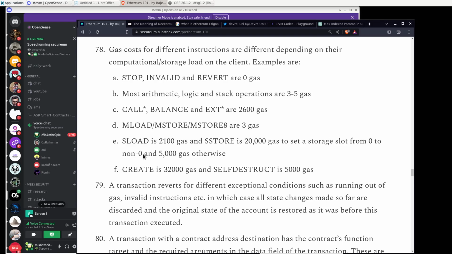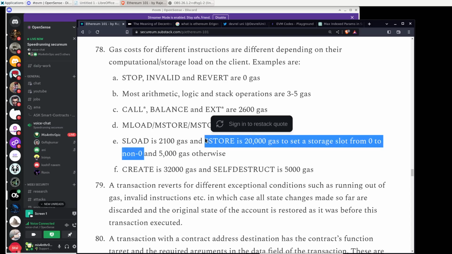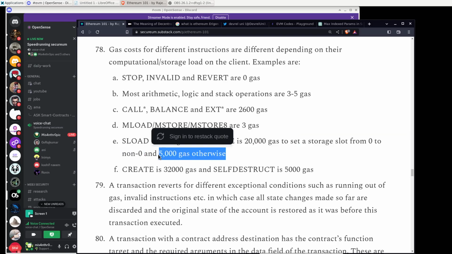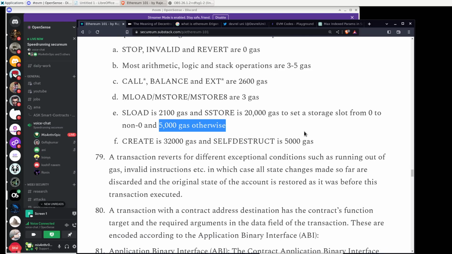Okay, so it's important to know that the first time you're doing an SSTORE, there's no cache. The information is not properly indexed in the storage hash, and with that, it's harder to make the operation. So after you set it the first time, it's going to cost only 5,000 for subsequent operations. Okay, so it's important to know that. Create is 32,000 gas, and self-destruct is 5,000 gas.